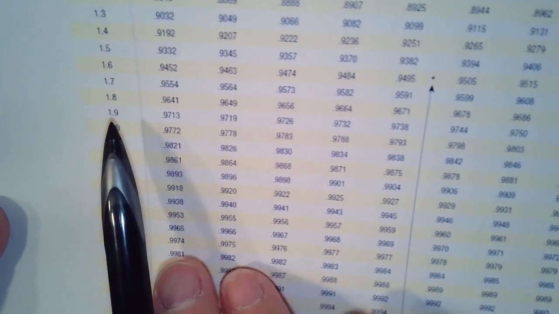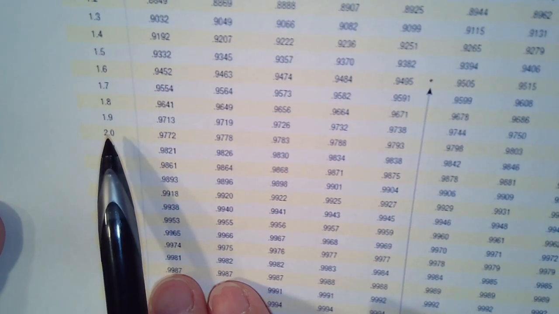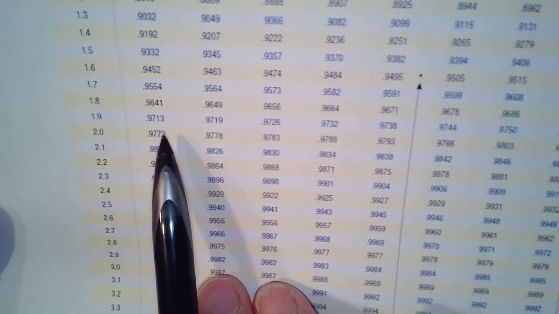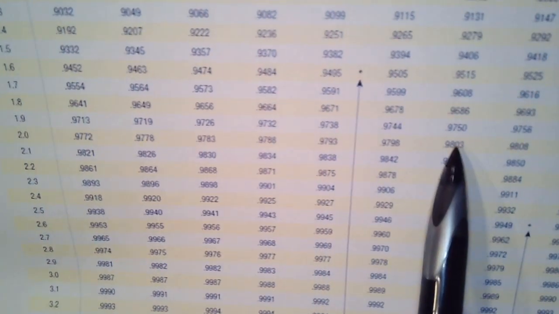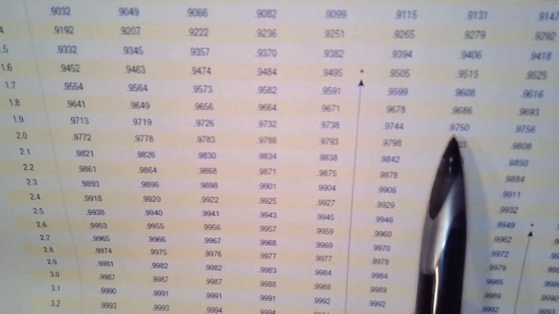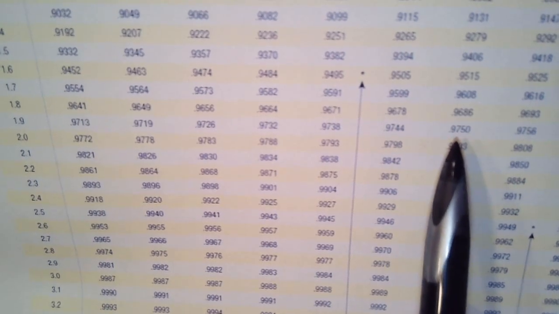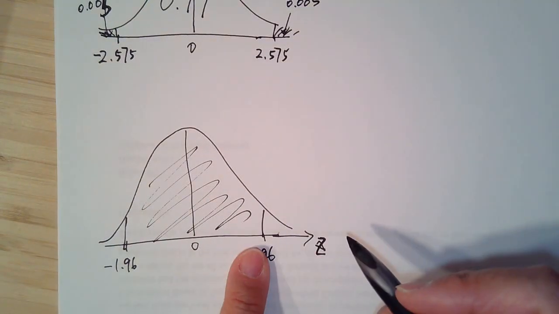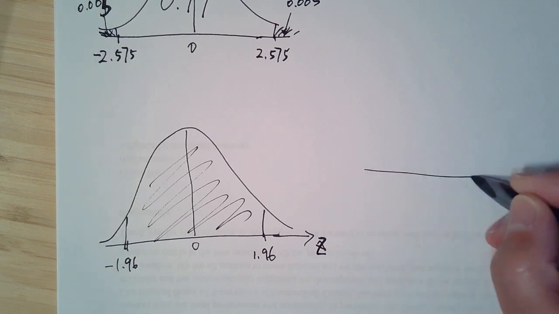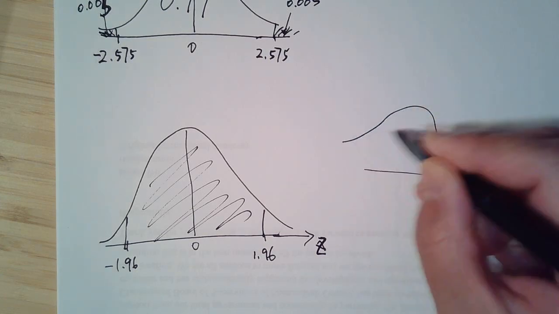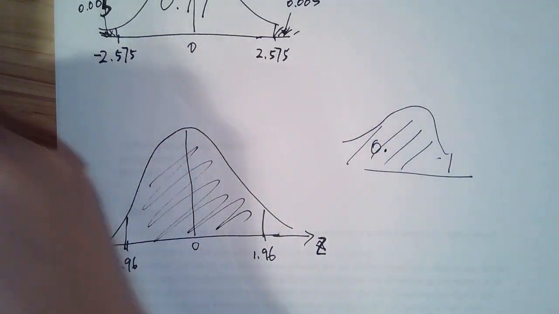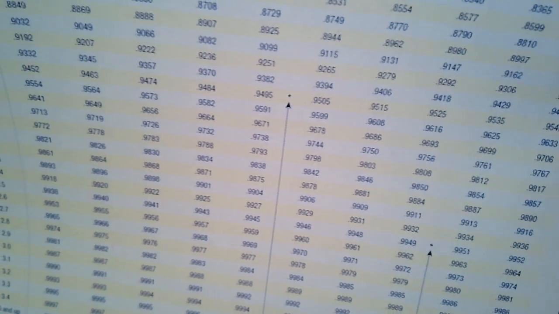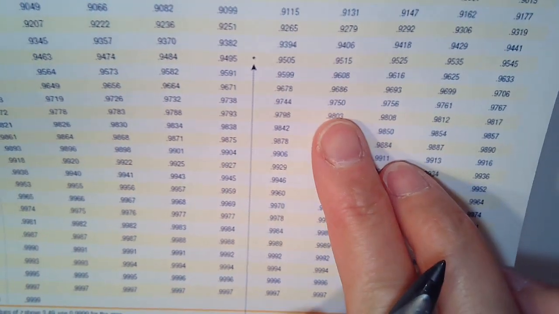So here is 1.9, and then 0, 1, 2, 3, 4, 5, 6. Do you see this? 0.9750. So from here to the right, that is 1.96, 0.9750.